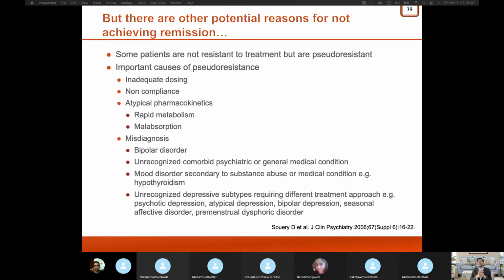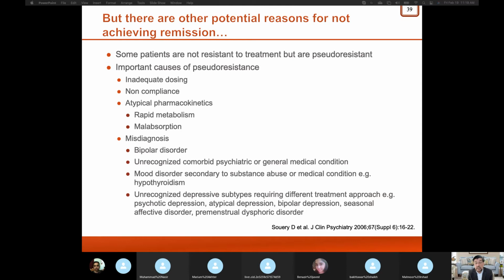So some patients are not resistant to treatment but are pseudo-resistant. Now this is again tricky. So the important causes of pseudo-resistance, when actually there is no resistance: inadequate dosage. Just as I said before, escitalopram 5 milligrams or 10 milligrams is not an adequate dosage.